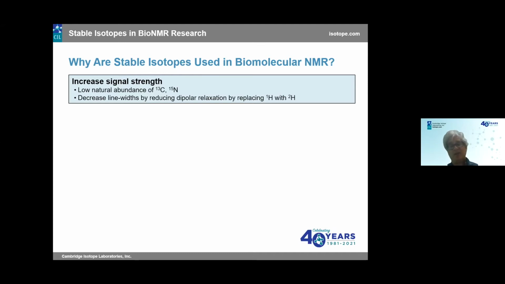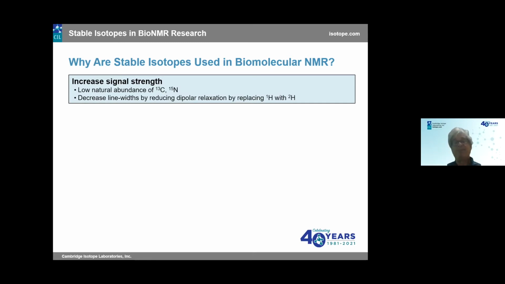One can also gain signal strength in looking at larger molecules in solution primarily, where the larger molecules tend to rotate slower, allowing other relaxation mechanisms to occur. For example, dipolar relaxation starts to happen when molecules become rather large, around 30 or 40 kilodaltons, they tumble slower.